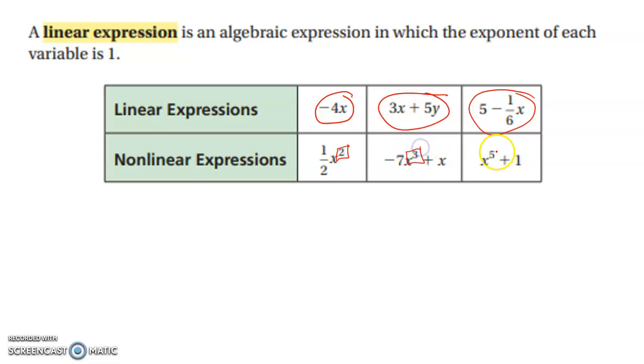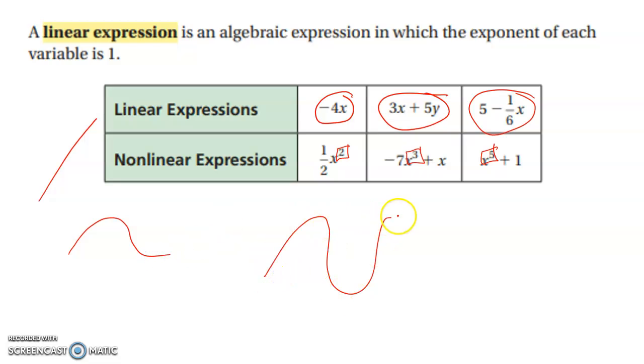This one's nonlinear, nonlinear. Linear means if you graphed it, it would make a straight line. Nonlinear might go like this, and to the third power, so it just depends. So linear, straight line, the exponent's just a 1.